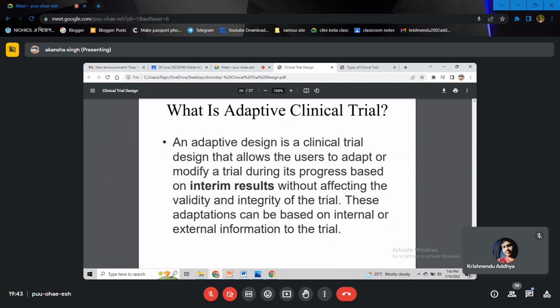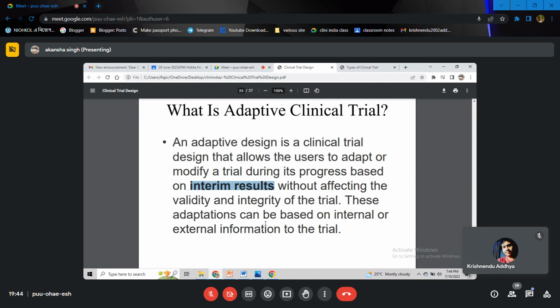Like after 10 doses, you find out yes, there is an ADR being developed, so you can change the methodology for the trial. You have to change some process, you can change that. So an adaptive design is a clinical trial design that allows the user to adapt or modify a trial during its progress based on the interim results. Interim means initial results, without affecting the validity and integrity of the trial.